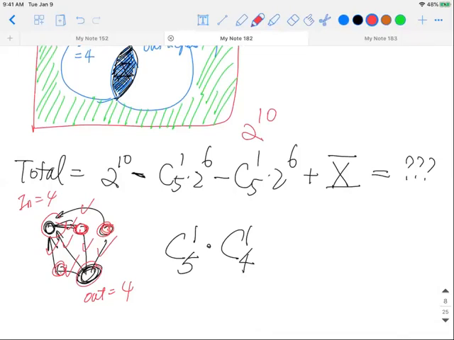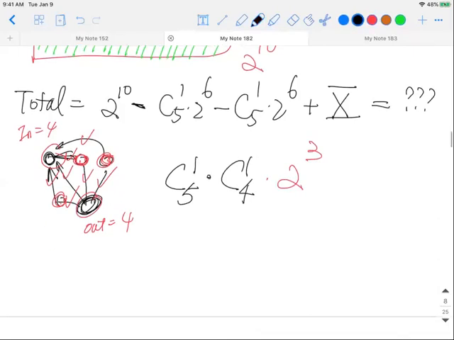So for the remaining part, you do whatever you want. You can do any kind of arrangement you want. Is that right? Or if you don't quite understand, you can do it the other way.